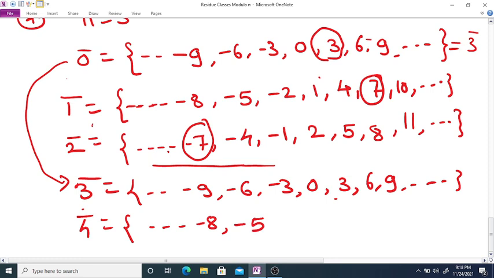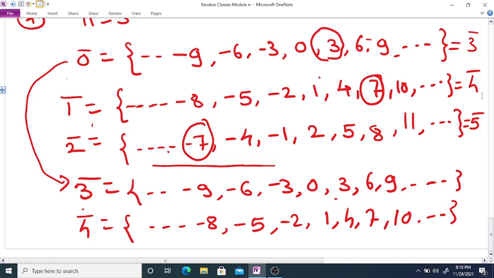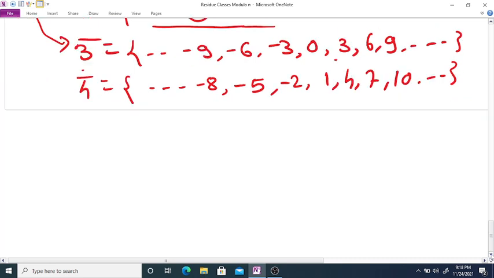Then minus 5 minus 4 is minus 9, which is divisible by 3. Minus 2, 1, 4, 7, 10. 10 minus 4 is 6, which is divisible by 3, and therefore 1 bar is equal to 4 bar. Similarly, if you find 2 bar, it is again 5 bar. So there are only 3 distinct equivalence classes.